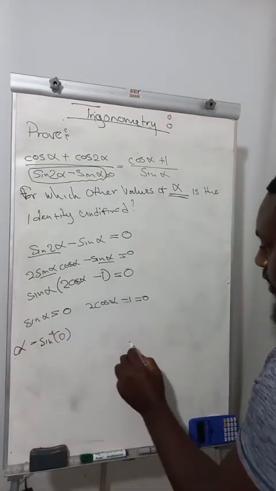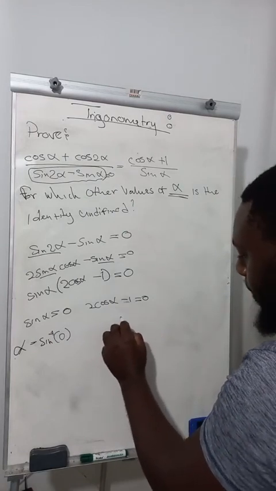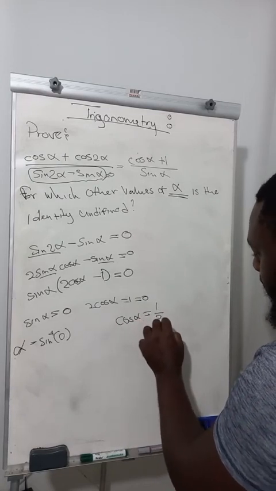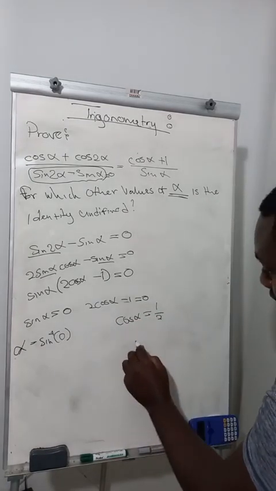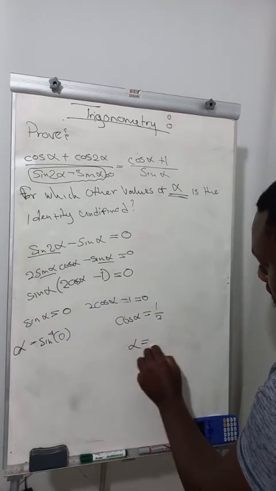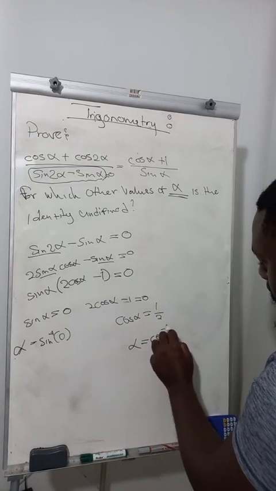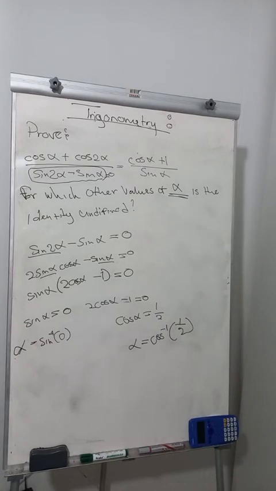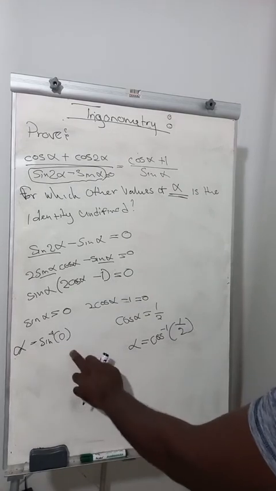And then this side here, you also have the same thing. You'll say cos alpha is equal to 1 over 2. So here alpha will be inverse cos of 1 over 2. Once you have this, what is this part now? Let's check. Inverse sine of 0 will just give you 0.